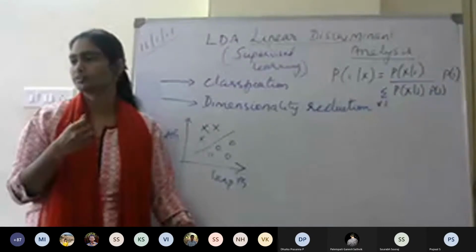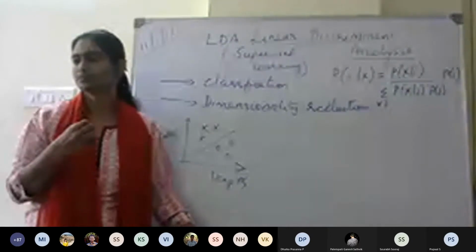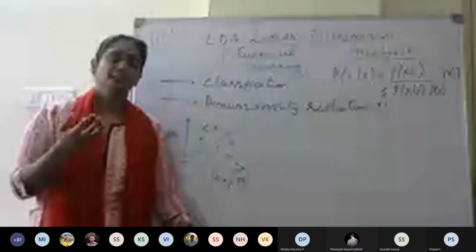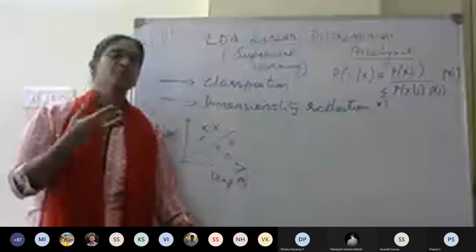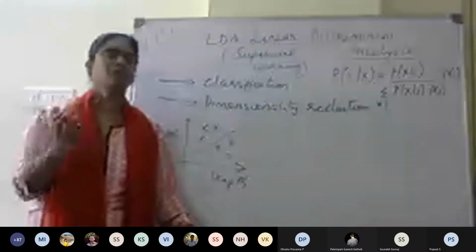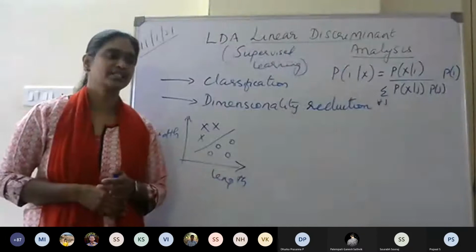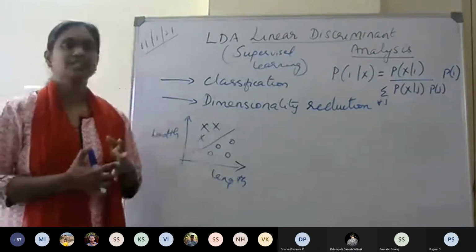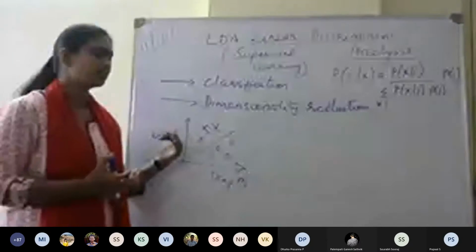Yes, any doubts? So there are inherent features of the object that will help to distinguish the objects from each other, or from multiple classes if you have. If I have salmon and sea bass, then I can take length and width.